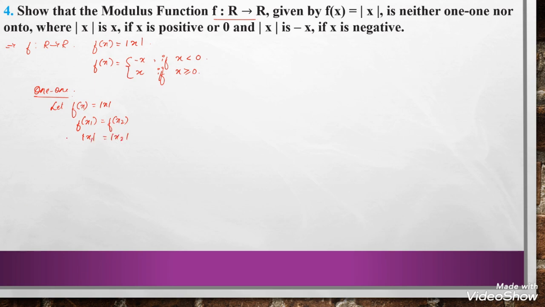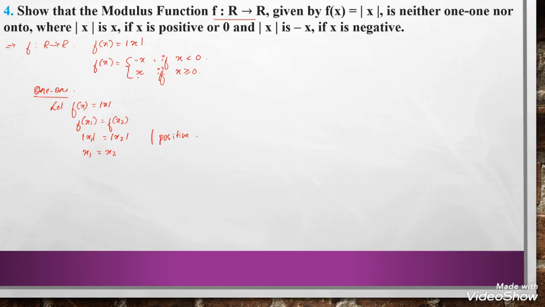While taking the modulus for positive values, we get x1 is equal to x2, a positive number. If I take negative values, the function becomes negative.